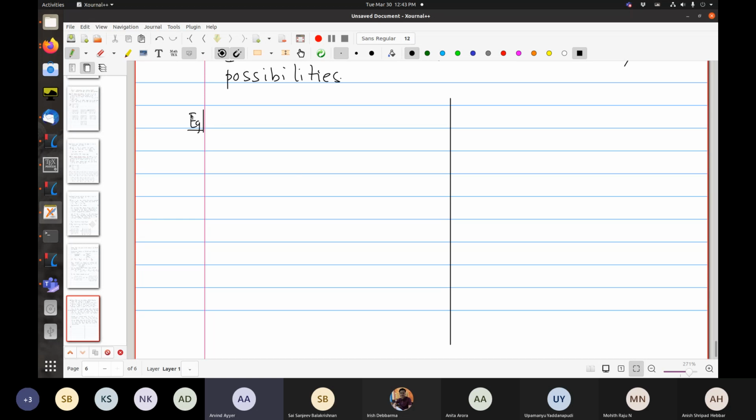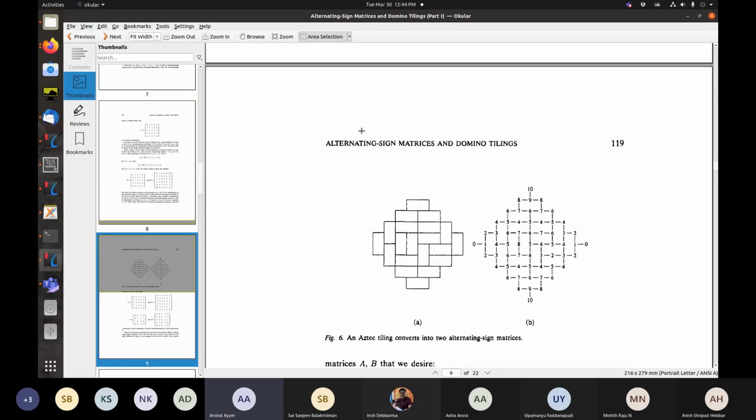So let's say the vertex is 6 and now it's adjacent to these guys. So I have this, this, sorry, this, and this. So okay, let's go back here.